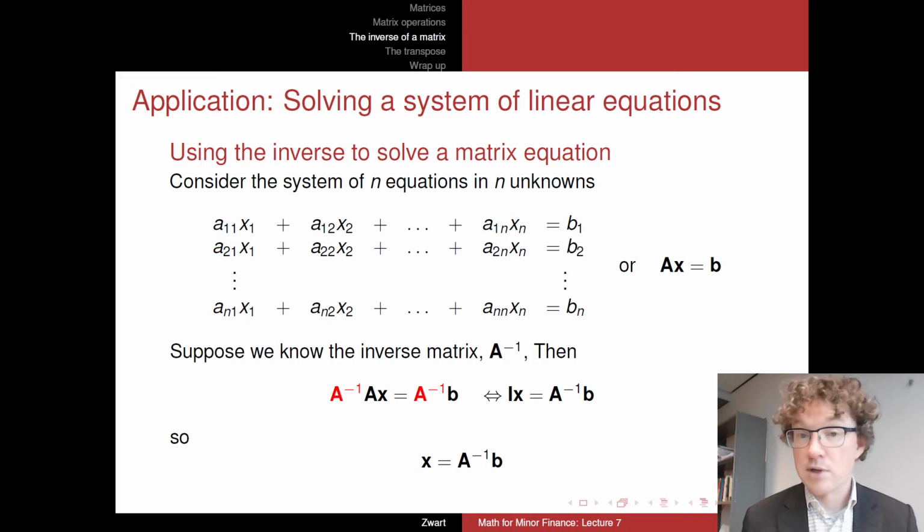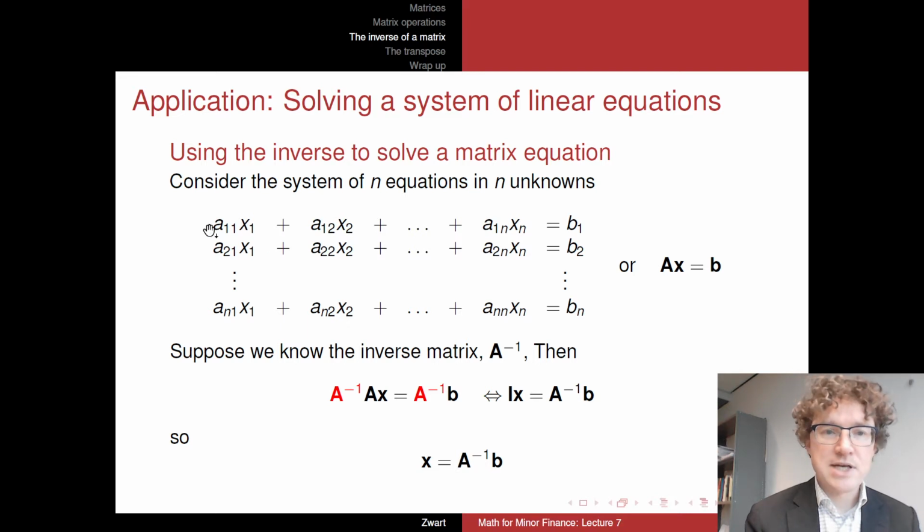We might have looked at two equations with two unknowns, but we can generalize this to n different equations, 1 to n, with n unknowns, x1 until xn. And remember these a11, a12, etc. were the coefficients in this equation, and I collected them jointly in this big coefficient matrix A.